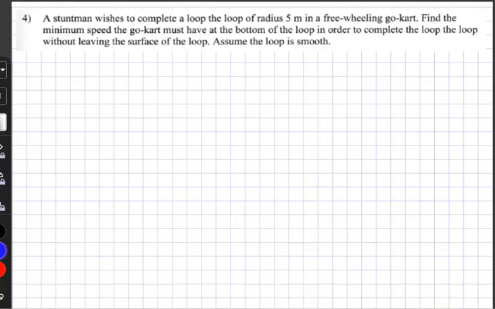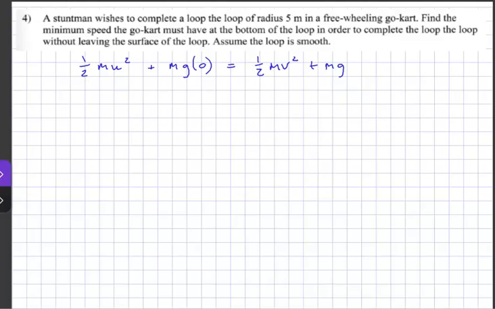So, yet again, we're just looking at potential energy and kinetic energy. We set ourselves up there, and because the radius is 5, if it's going to do the loop, then that height is going to be 10, 2 lots of the radius. If we work through that and tidy up, we get an expression, but we have 2 unknowns.